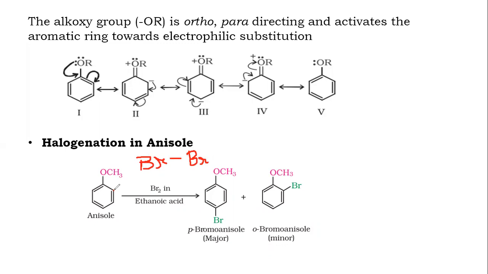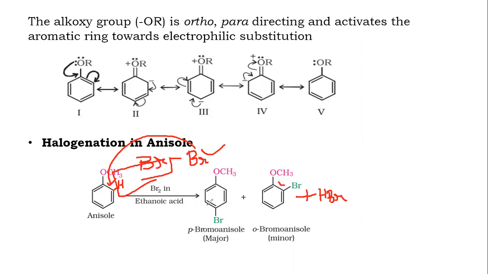So the hydrogen of the ortho position will combine with one of the bromine atoms to form hydrogen bromide as byproduct, and the second atom of bromine will take the place of hydrogen to form ortho-bromoanisole.